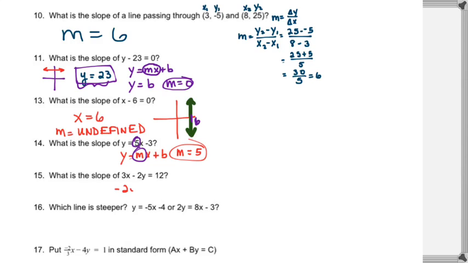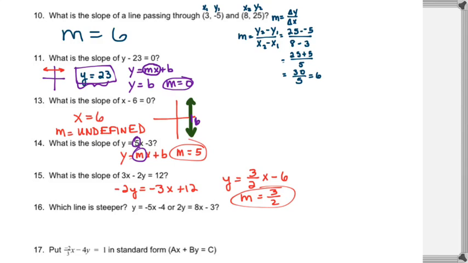We will solve for y. Dividing by negative 2 everywhere, we get negative 3 over negative 2, which is positive 3 over 2, and 12 divided by negative 2 is negative 6. So the slope is 3 over 2. Again, just reading it out of the equation.